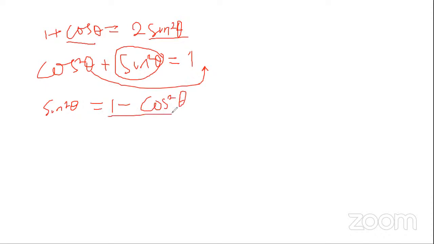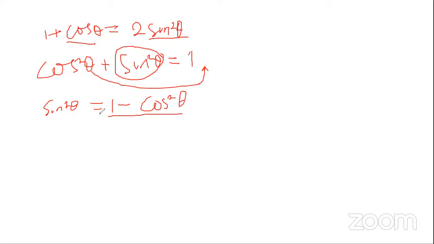Now after getting this, we are going to transfer it to our equation. Our equation has a cos that is not squared and a sine squared, so it is the sine squared that we can easily substitute using the Pythagorean identities.